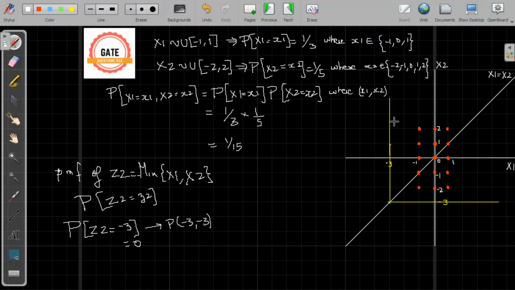Similarly, we can see for all other boundaries which are not overlapping with these 15 points. For example, if we draw the boundary at this point (-4, -4), in this case also, where the corner point is (-4, -4), probability Z2 is equal to -4 is 0 because there is no overlapping point between this boundary and these 15 points.